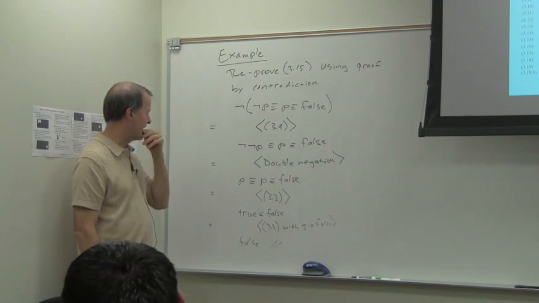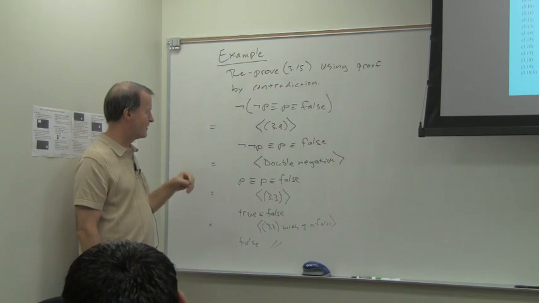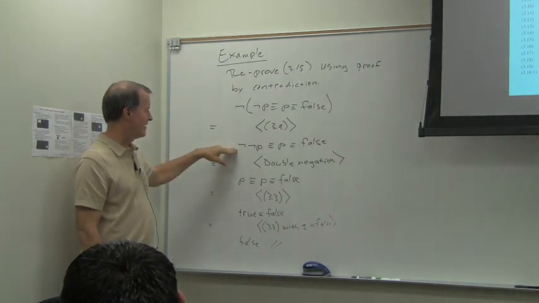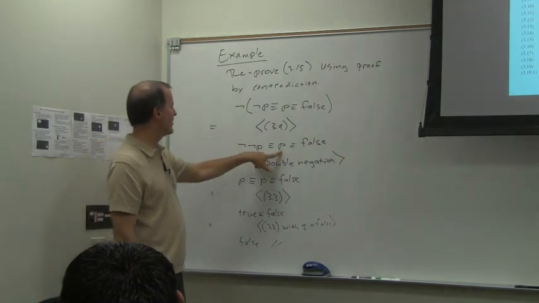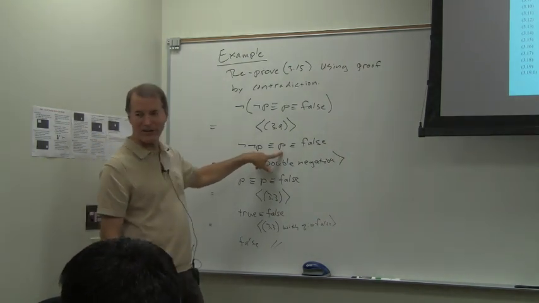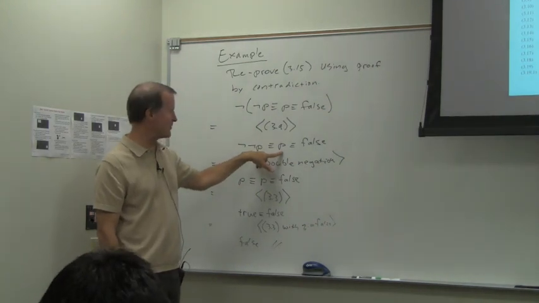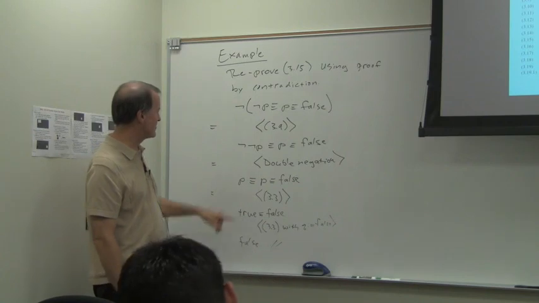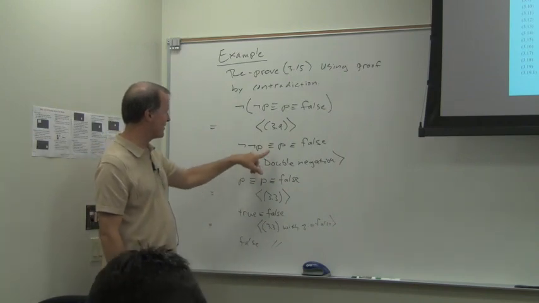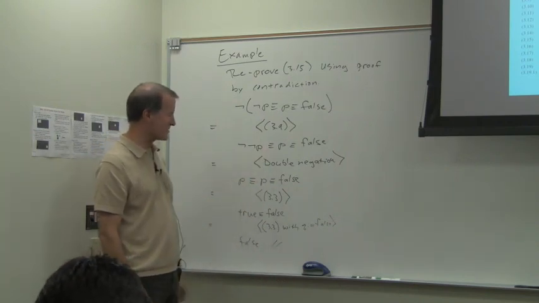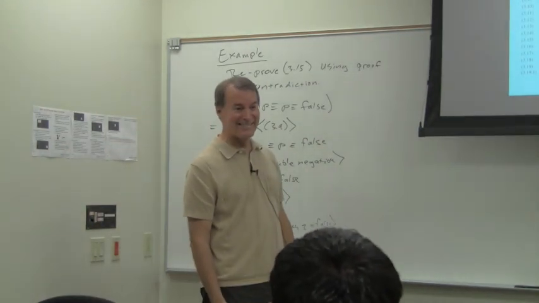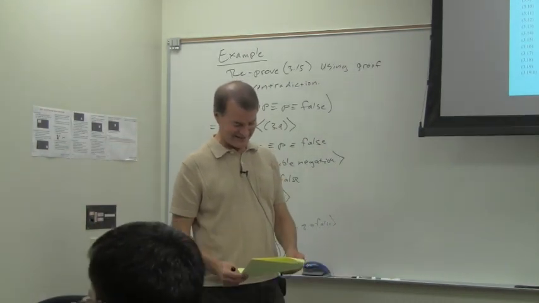Not P equals P is a theorem, so we could have made that true right off the bat. Oh, that's interesting. We used double negation to get it to here, but we could have used double negation to get it to be true equals false. That's quite nice.